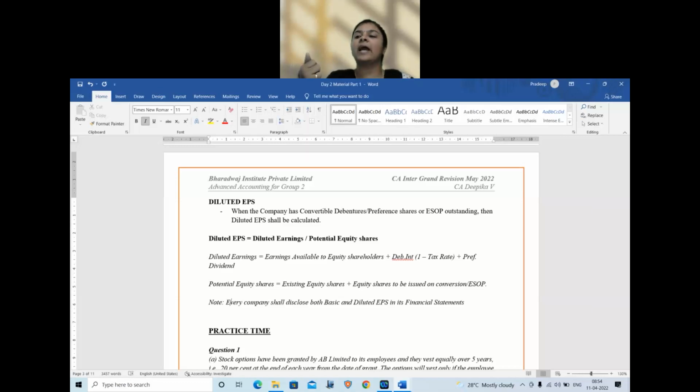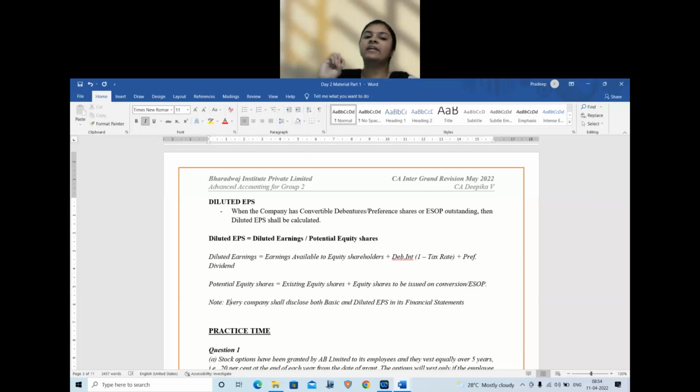So what are all liabilities that can get converted to capital? Debentures, preference shares. For equity shareholders, even preference shares are external liability, right? So preference shares which are convertible to equity. Employee stock options which can potentially be given as equity shares, right?